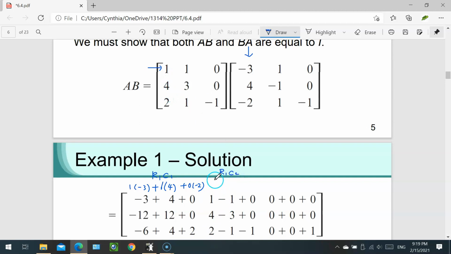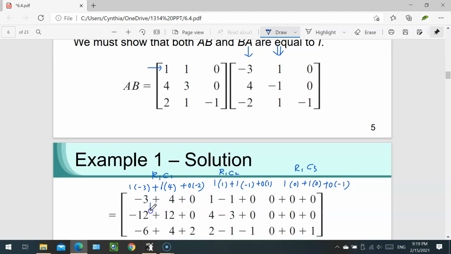I use the same row 1 values, multiplied by column 2. So 1 multiplied by 1 plus 1 multiplied by -1 plus 0 multiplied by 1. Now we do row 1, column 3. I will have 1 multiplied by 0 plus 1 multiplied by 0 plus 0 multiplied by -1.